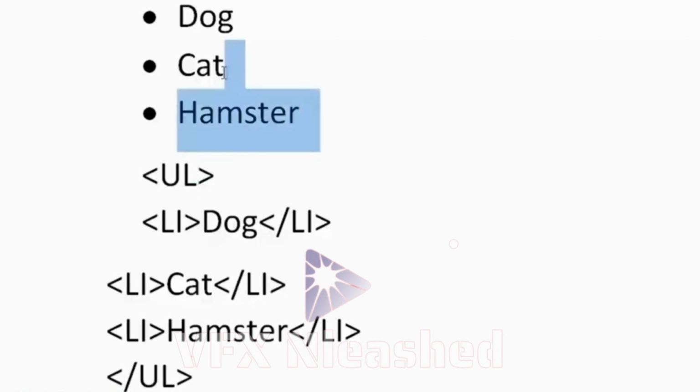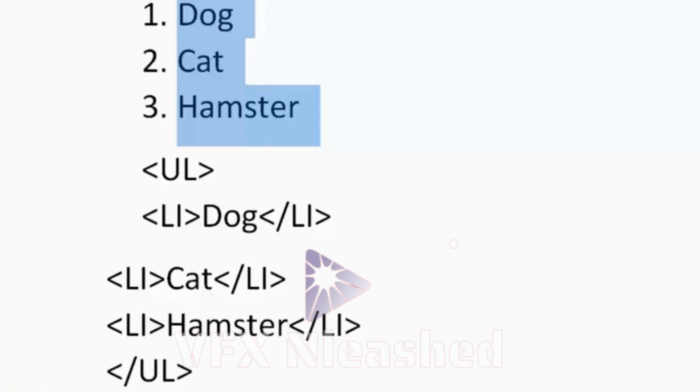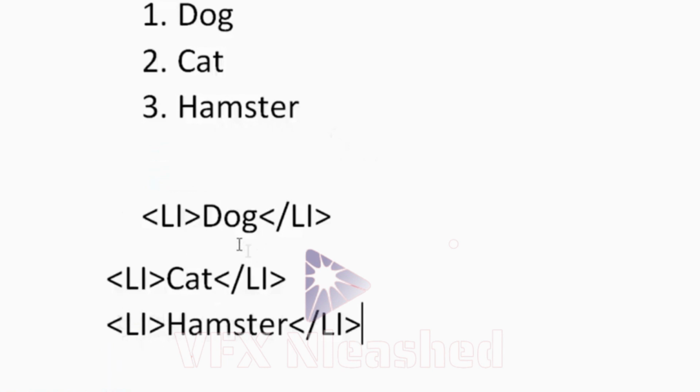All right. So now that you understand that, what I want to talk about now is ordered lists. Ordered lists are going to be something like 1, 2, 3, 4, 5, right? So if I switch it to this, the only items that need to change here are the open tag and the close tag. Everything else, the LIs stay the same.